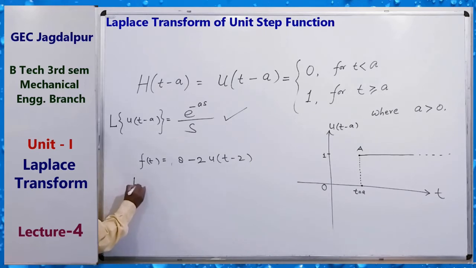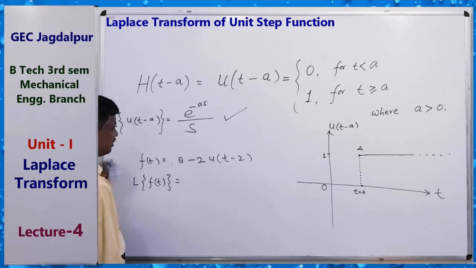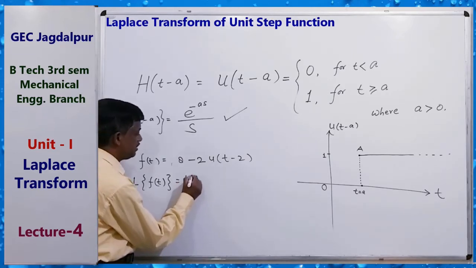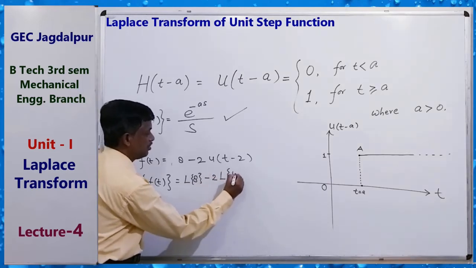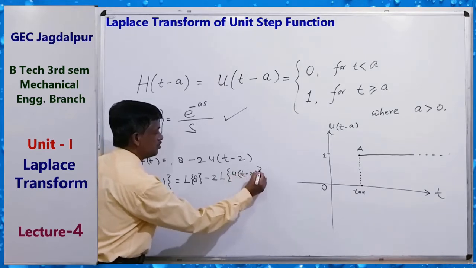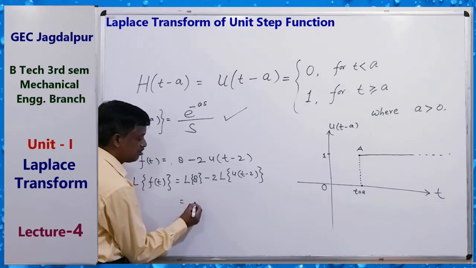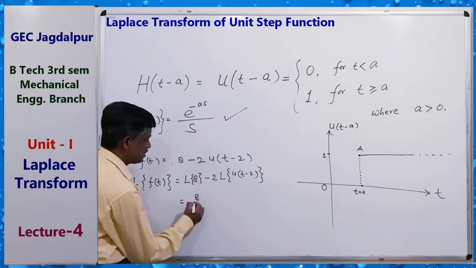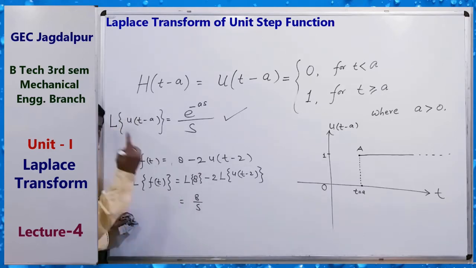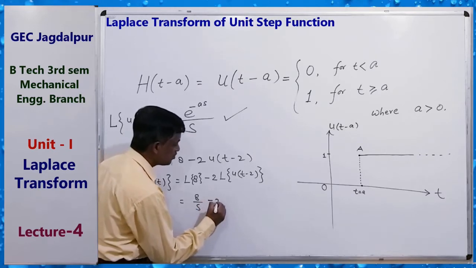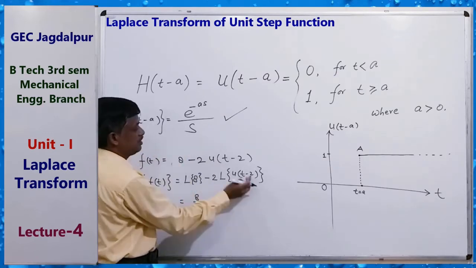How? L of f(t) equals what? Laplace transform of 8 minus 2 times Laplace transform of u(t minus 2). So this is equal to 8, the Laplace transform of 8 is what? 8 by s. Laplace transform of 1 is 1 by s, minus 2 times the Laplace transform of this, where in place of a, here it is 2.